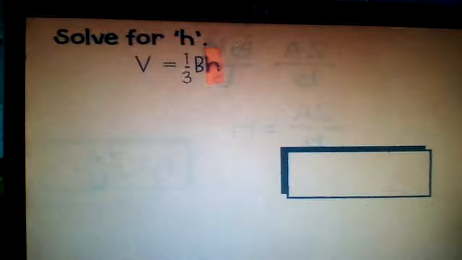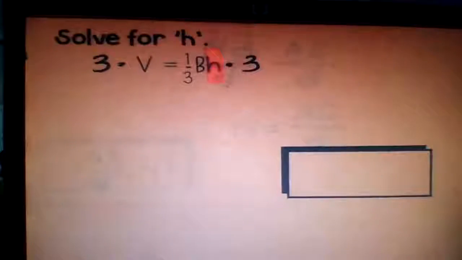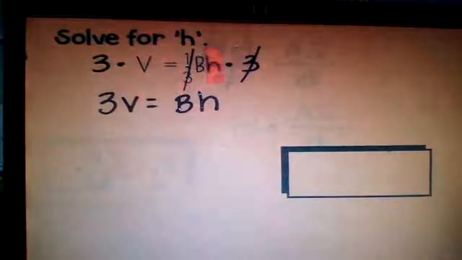V equals 1/3 BH. Multiply by what? Multiply by 3, because I'm trying to get rid of that 1/3. When I multiply by 3, this 1/3 cancels out. So 3V equals BH.